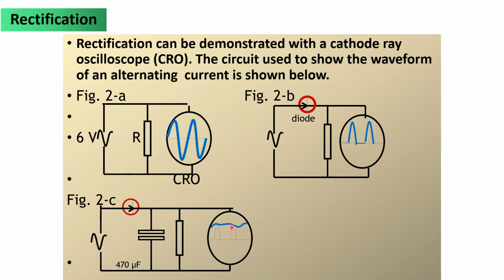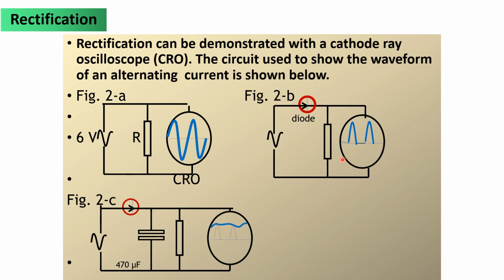This time, as seen in the CRO, the direct current is more or less uniform or steady current, steady direct current. And that was made possible because of the capacitor, which stores charges or energy in its electric field and can provide the necessary amount of current needed.